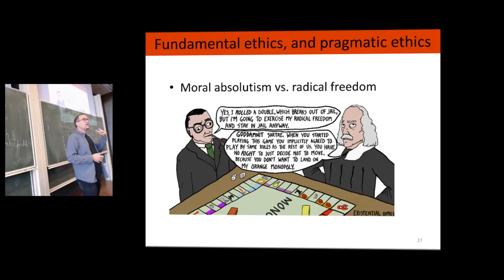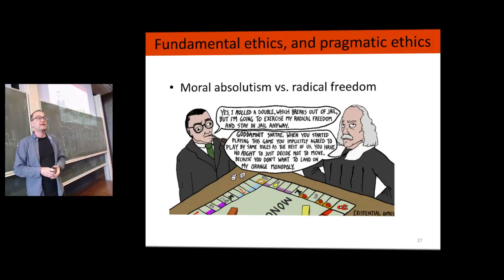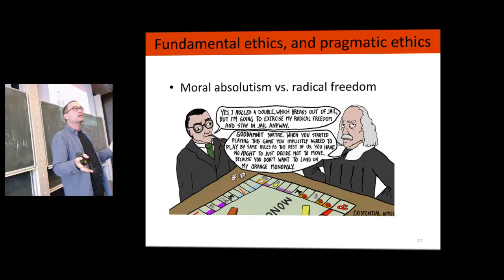There are different theories about ethics. Ethics has, of course, been a topic that has been researched for thousands of years, even. And one of the big differences that you see very often is the one between moral absolutism and radical freedom. There are some people who say that ethics can only work because we agree on a set of rules to which we all have to adhere.